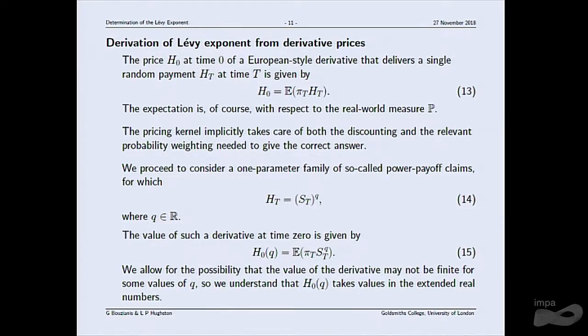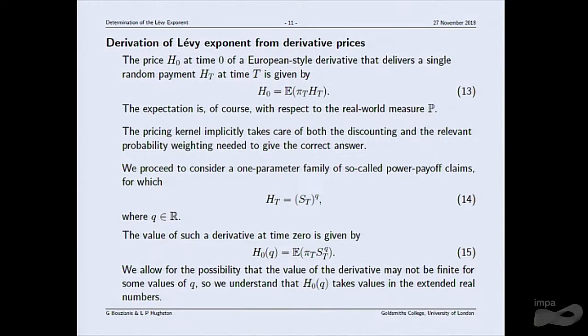So, if h is the payoff of a derivative at time big T, then its initial value h naught is given by the expectation of the product of the pricing kernel and the payoff. The pricing kernel takes into account both the discounting as well as the relevant probability weighting you need for risk adjustment.